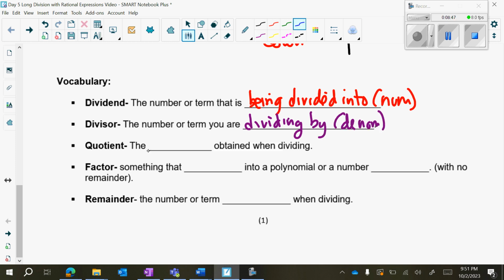The quotient is the answer that is obtained when we do a division problem. A factor is something that divides nicely into a polynomial or a number. And lastly, the remainder is the number or the term that is left over when dividing. So just remember, if there is no remainder, then that means the thing is a factor, and that means the remainder is 0. All right, so let's go do some problems now.